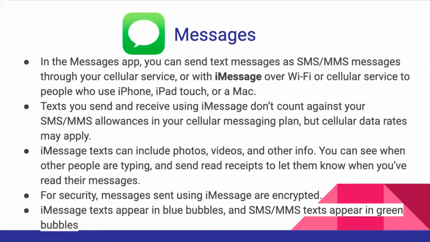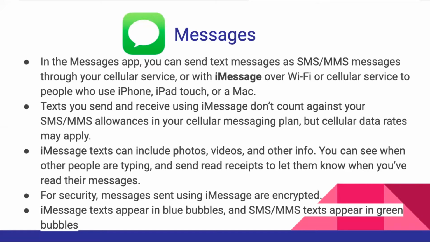And when you're on these messages, you can send different types of files, you can send photos, videos. You can also share notes with people that also have Apple products. And just to let you guys know, for security, the messages sent using iMessage are encrypted.